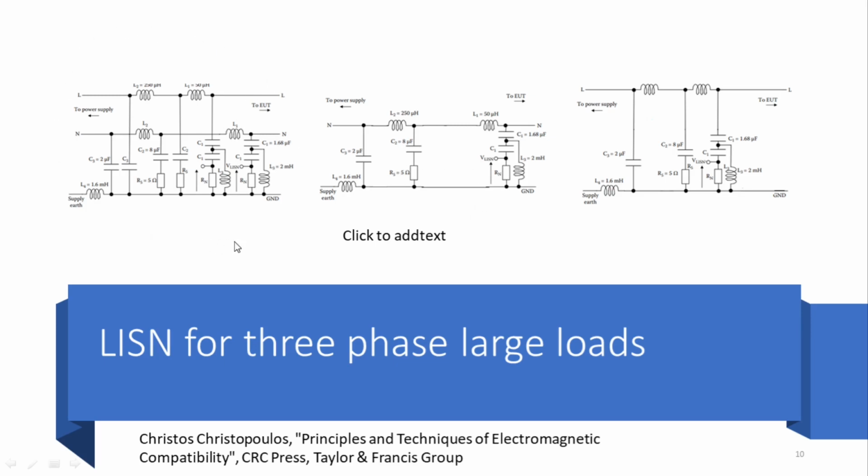This is the comprehensive one, but each of these is a line impedance stabilization network. They are basically filters, and this port is nothing but the port of the spectrum analyzer, which is 50 ohm.